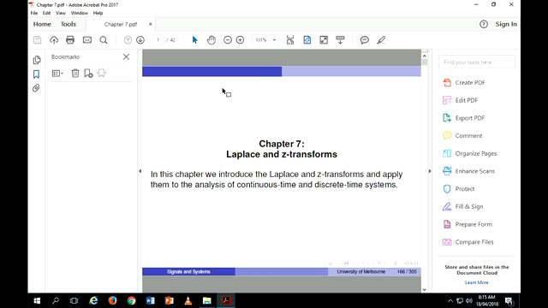This is the result. You can see I substitute s by 0 plus jω, it will become a Fourier transform. And sigma is 0. I have to make sure this point must be in the region of convergence of this signal. That's how everything should be explained.